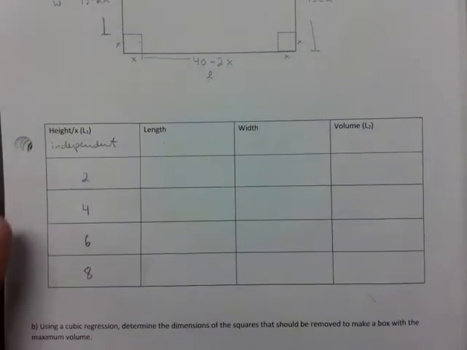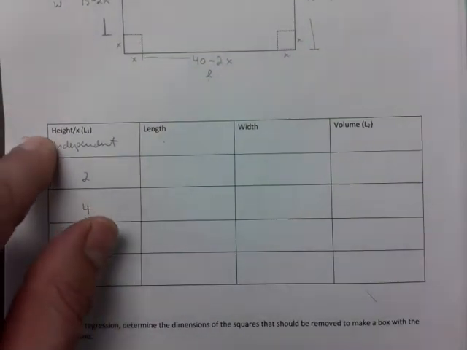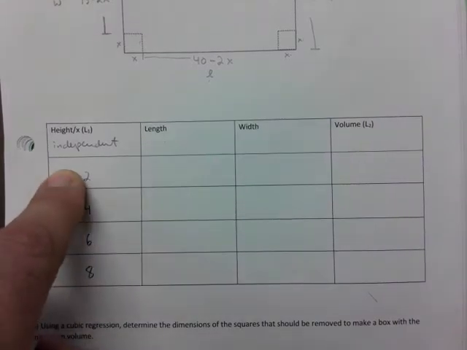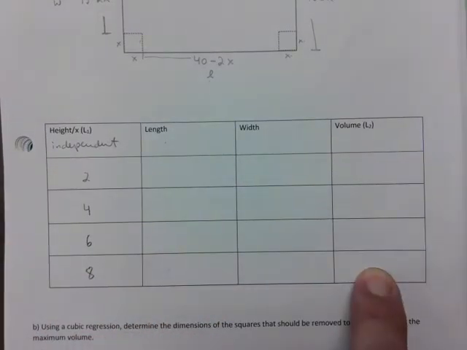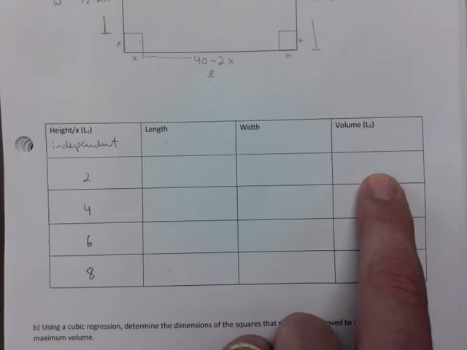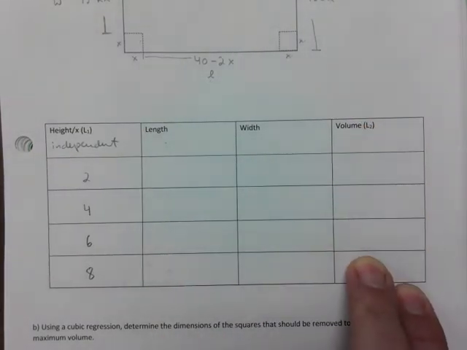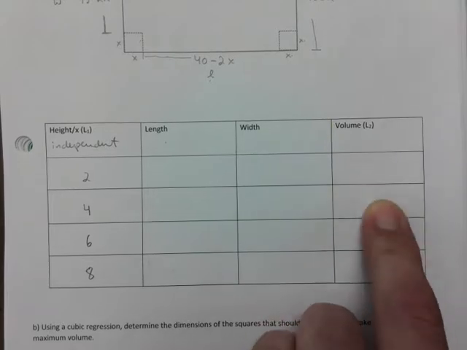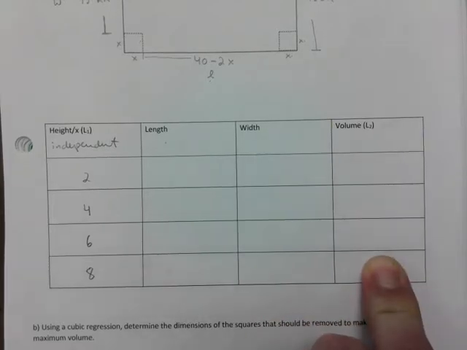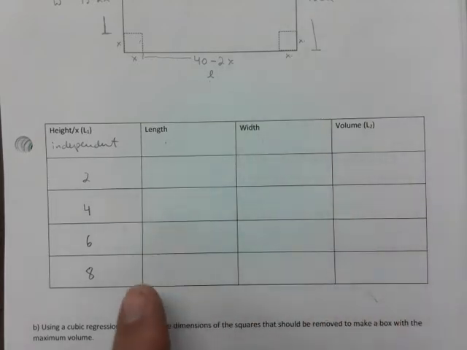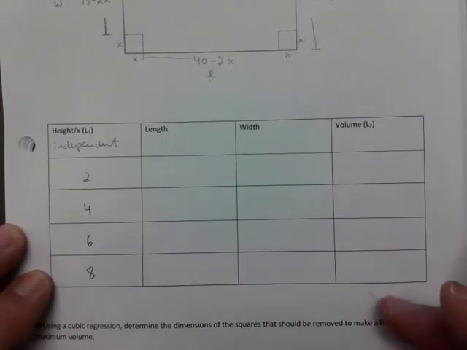You could pick 100, 200, 300, 400, whatever you want, but you would end up with a negative volume, which you cannot have in the real world. It still works for us because the calculator will take those negative values and still plot our cubic that way. Later on we'll have to restrict it in terms of the domain and range.